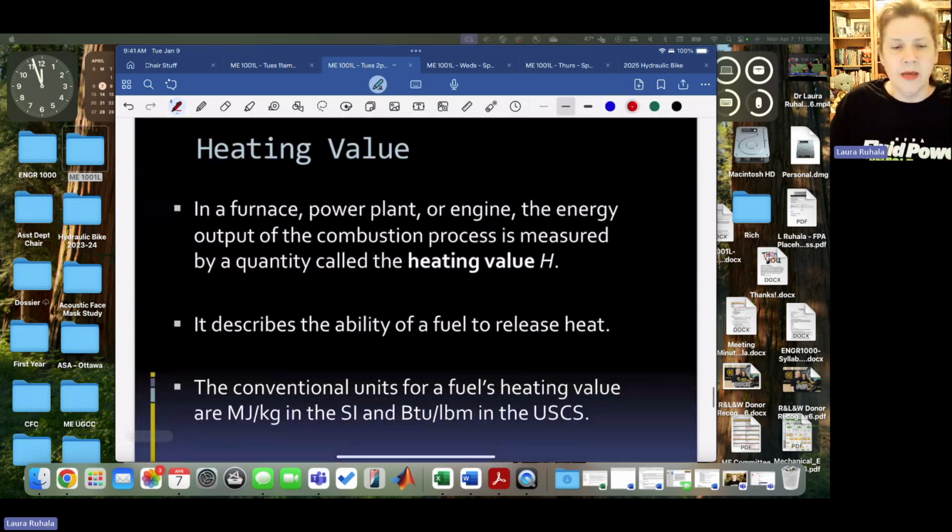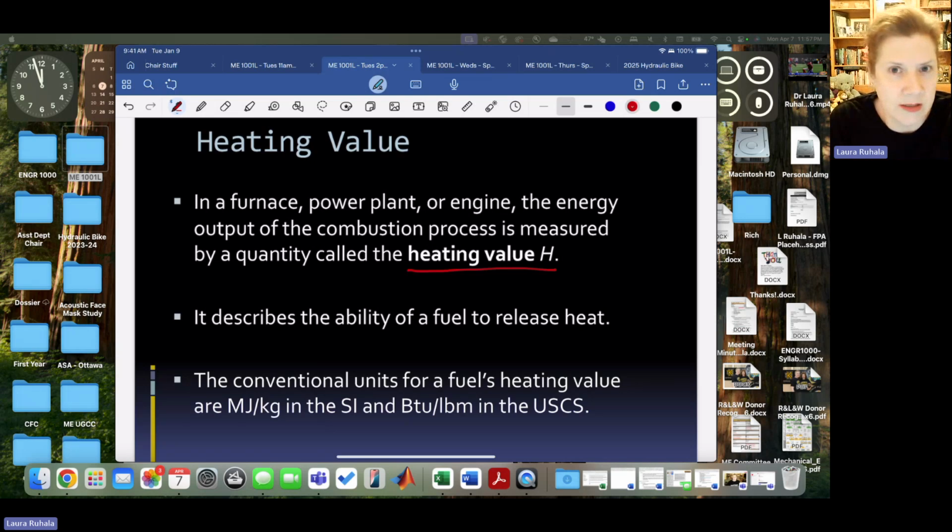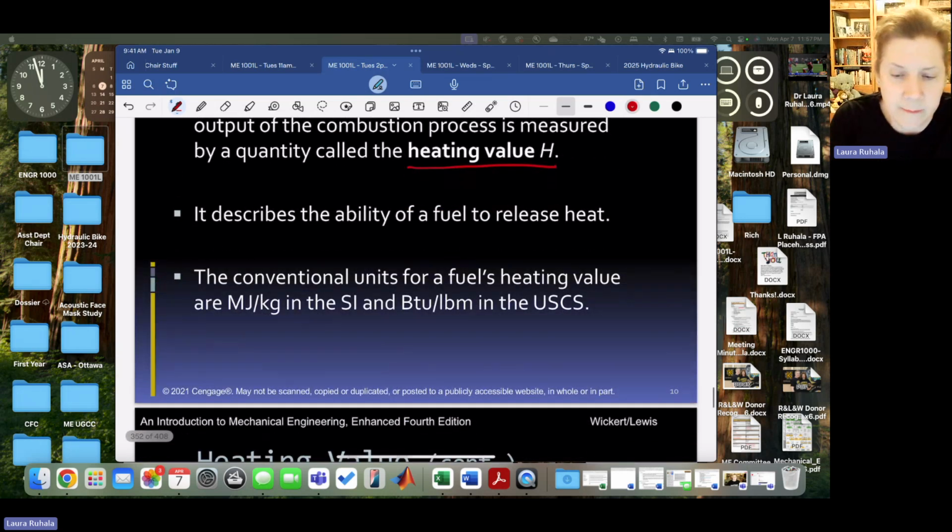Heating value. In a furnace, power plant, or engine, the energy output of the combustion process is measured by a quantity called the heating value, H. It describes the ability of a fuel to release heat. A conventional unit would be megajoules per kilogram in SI and BTU per pound mass in the US customary.